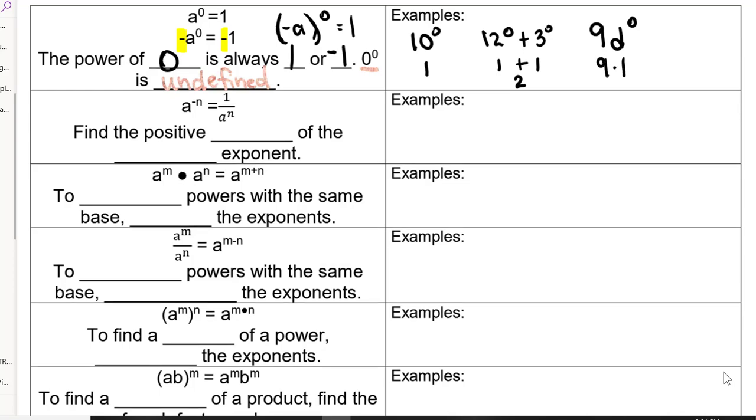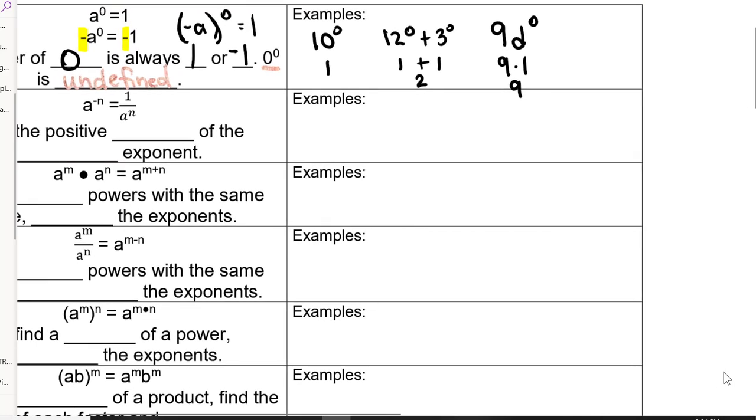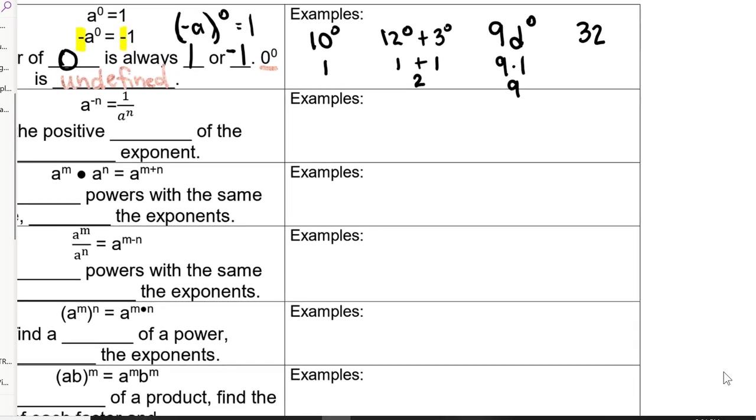This is 9 times 1, which is 9. 32 times x, y, z to the 0 power. All of that stuff in parentheses is 1. Excuse me, so 32 times 1 is 32.